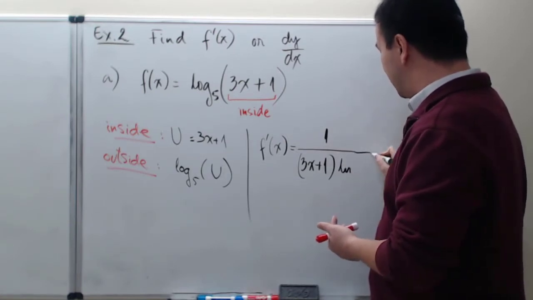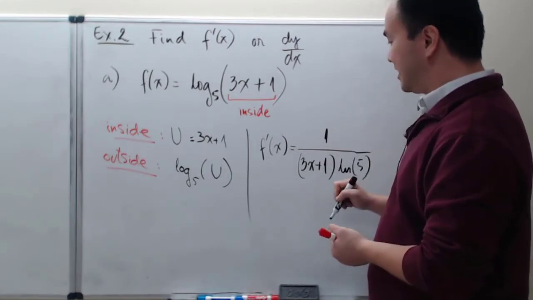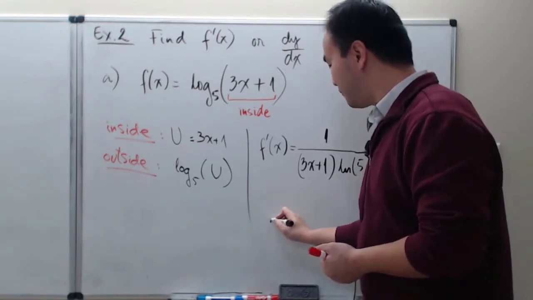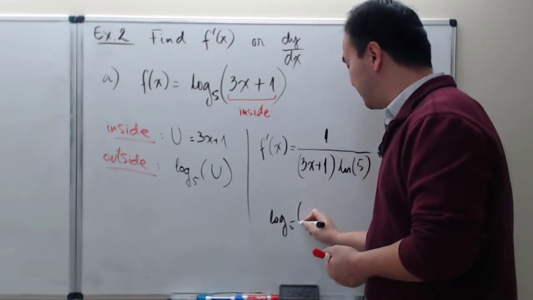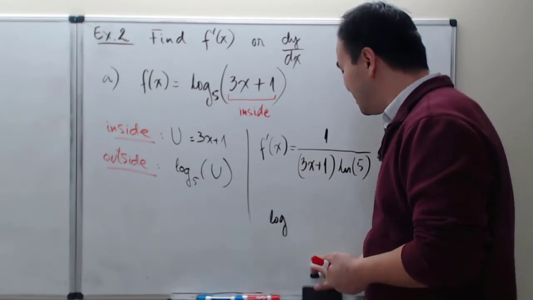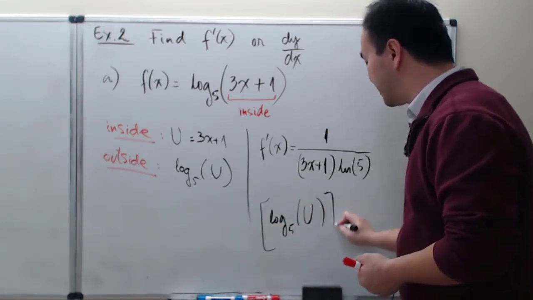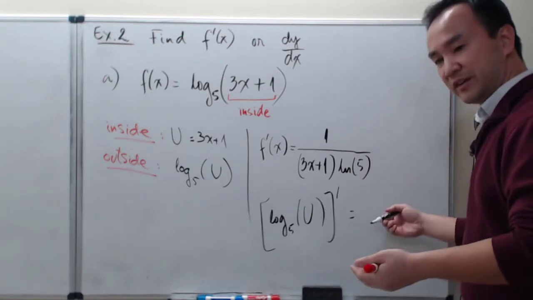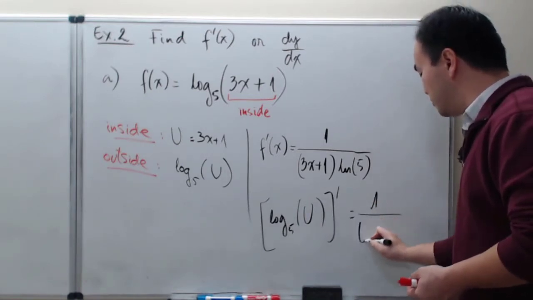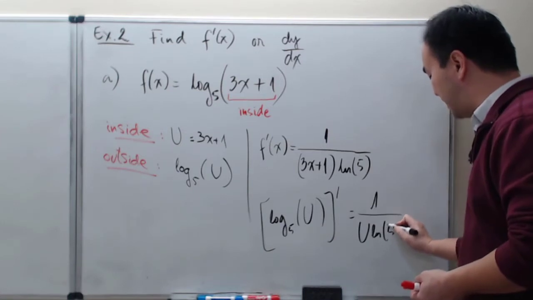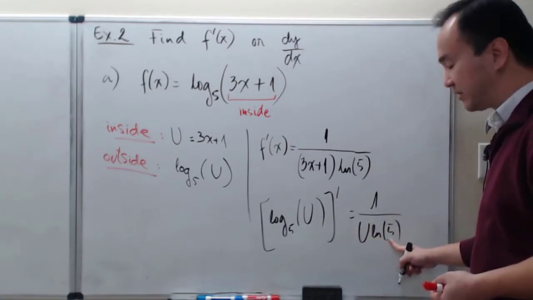the natural log of 5 right here, straight out, because recall for yourself, with a little bit of scratch work here: when we take the derivative of log base 5 of u, the general log derivative says we're doing 1 over u times the natural log of 5. The original base is inside the natural log.